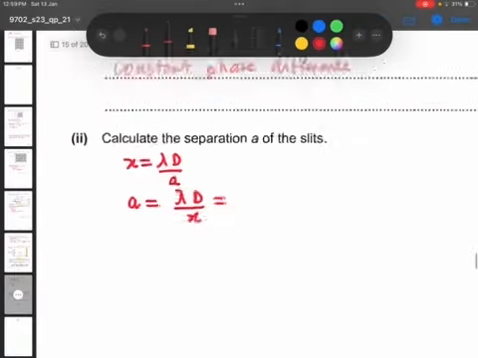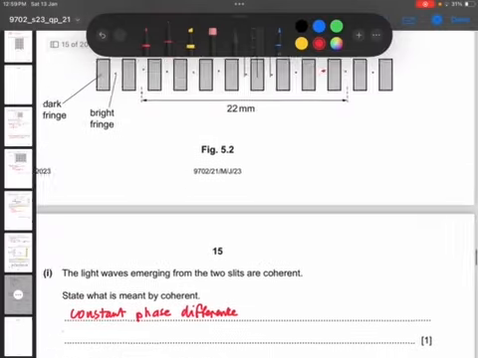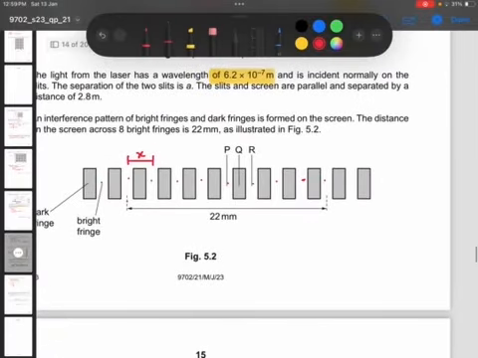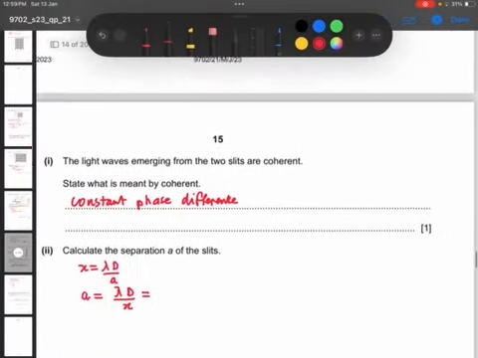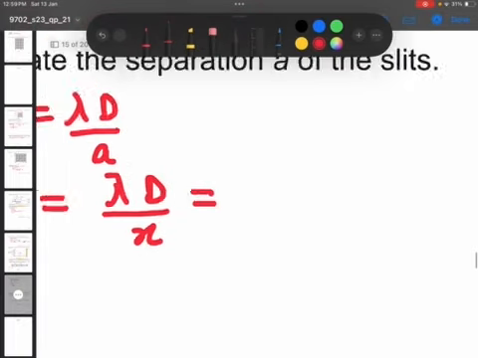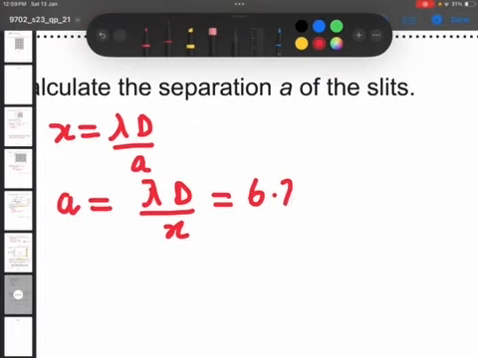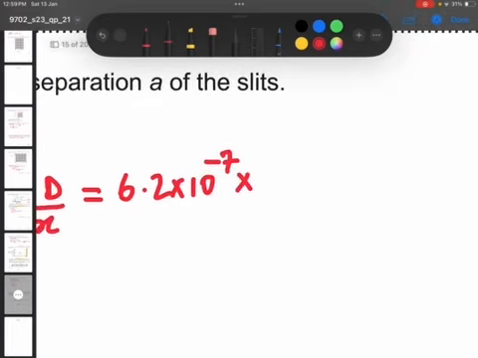Lambda, the wavelength, is given as 6.2 times 10 to the power of minus 7. So we will write lambda as 6.2 times 10 to the power of minus 7. D is 2.8.